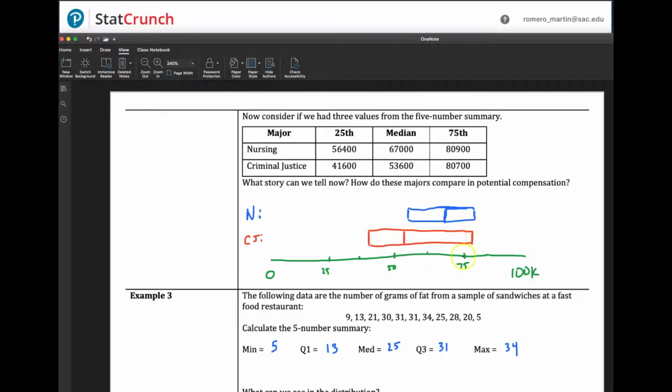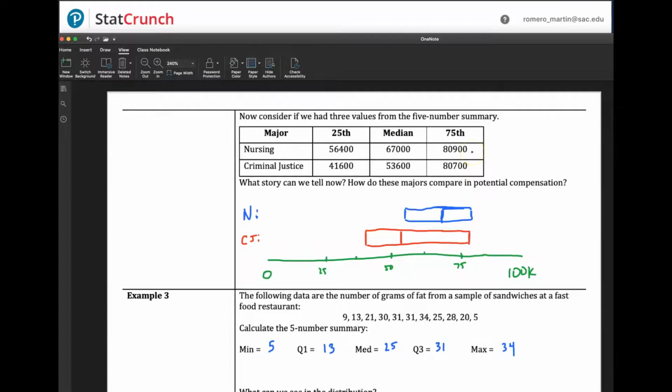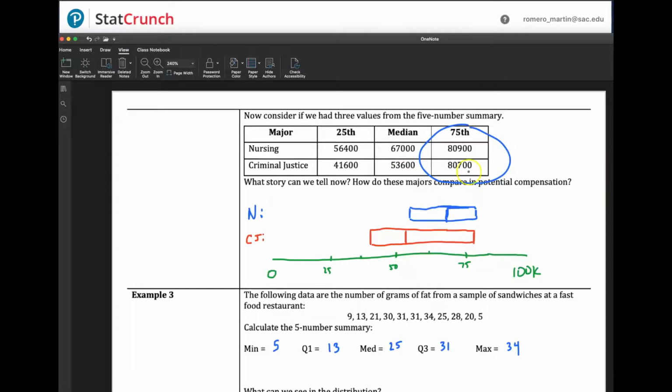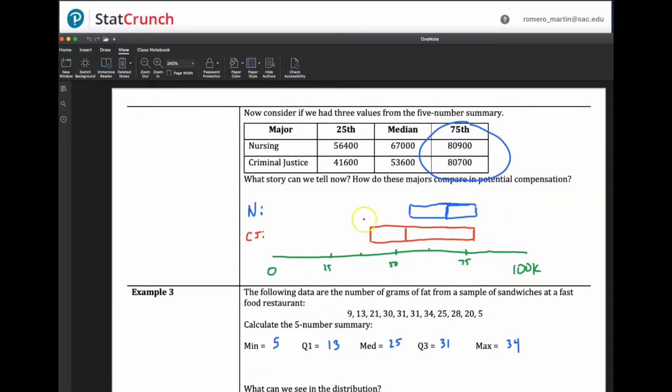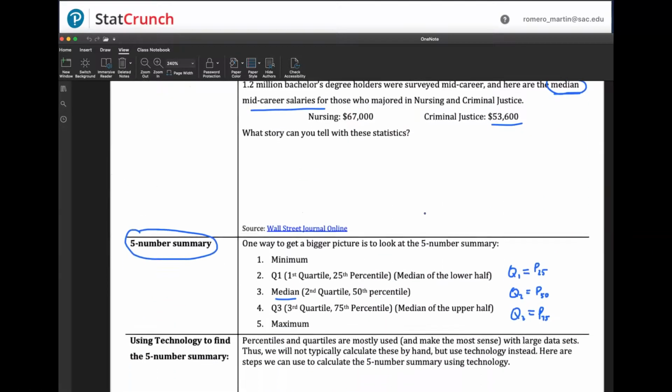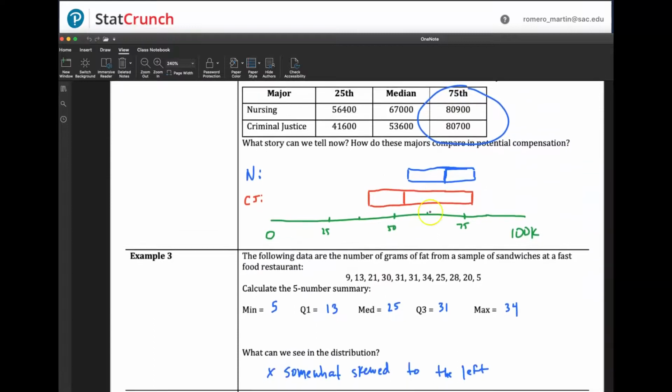But on the higher end of salaries, at the 75th percentile, the values are about the same. So in the higher end careers of those majors, you have about the same salary. I don't know what the max and min are in this case, but we have at least the middle part of the data.